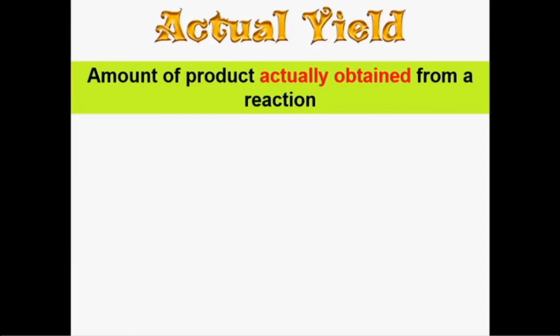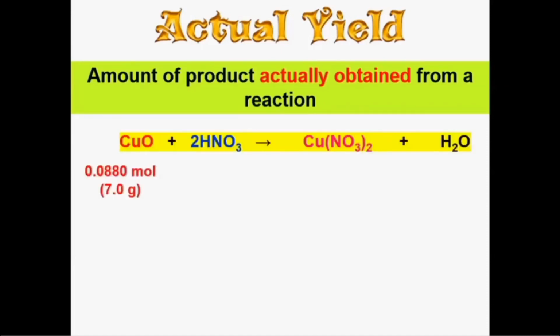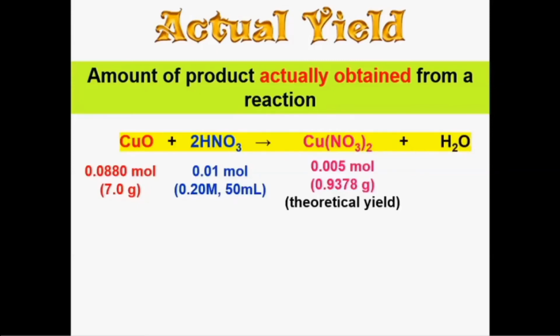For example, based on the theoretical yield just now, if we have 0.088 moles of copper II oxide and 0.01 mole of nitric acid, then the amount of copper nitrate that was produced in this reaction should be 0.005 moles, or 0.9378 grams. That is the mass of copper II nitrate produced in this reaction, and this is the theoretical yield.